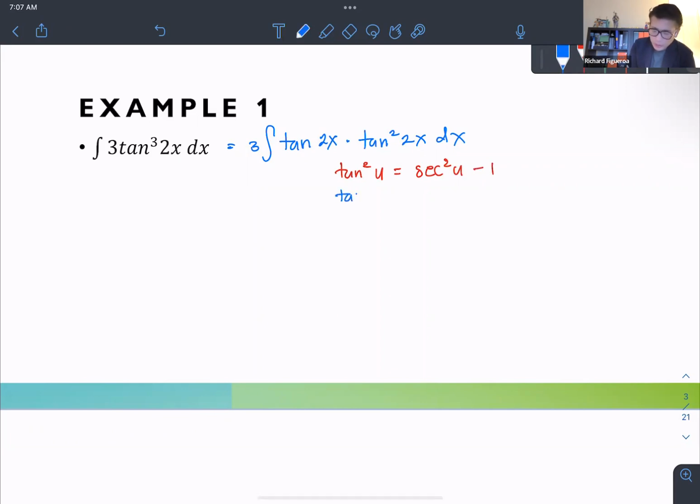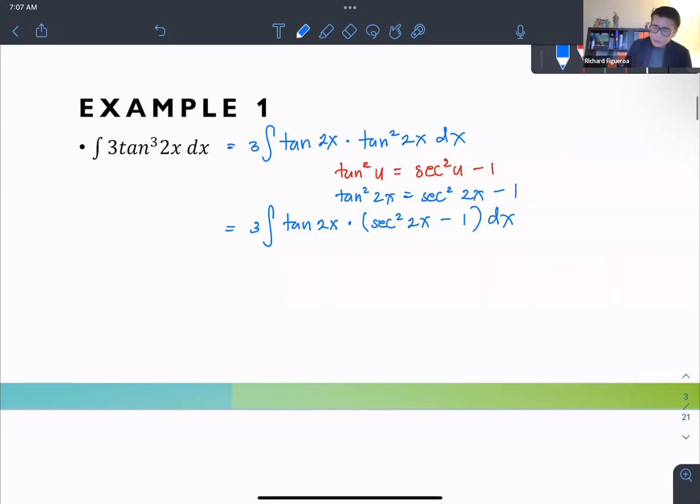Since our u here is 2x, tangent squared 2x would be equal to secant squared 2x minus 1. And that is what we are going to substitute here. So 3 times the integral of, we retain the tangent 2x and then the tangent squared becomes secant squared 2x minus 1, dx.